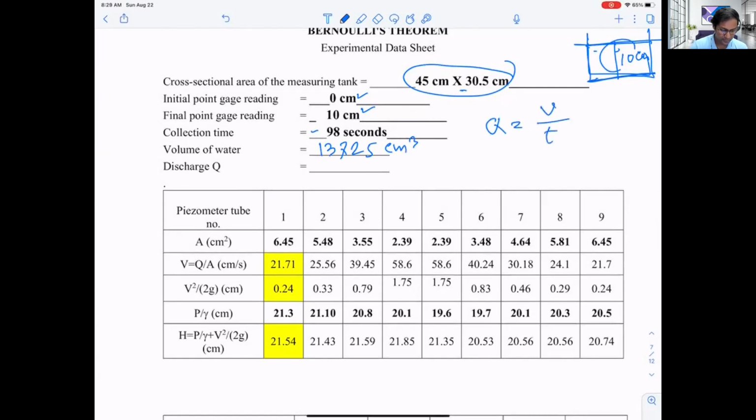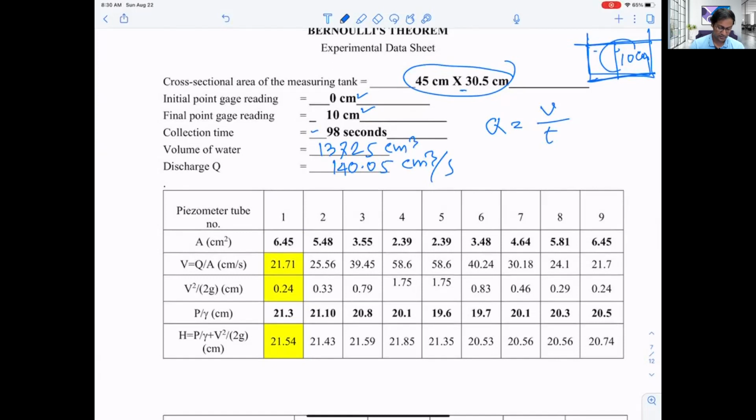If we divide this volume by time in seconds, we have 140.05 centimeter cube per second. So that is the flow rate. For group number 1, or for condition number 1, we have this flow rate Q as 140.05.